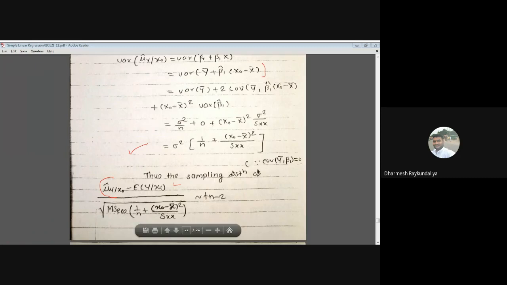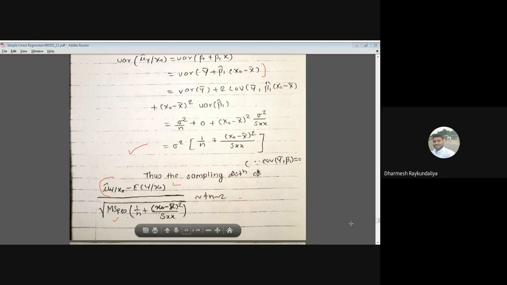So the estimated value minus true value divided by the corresponding standard error follows, under H naught, a t distribution with n minus 2 degrees of freedom. Why n minus 2? N minus 2 is the error degrees of freedom. Here, instead of sigma square we have substituted the MS due to residuals. If sigma square is known, then this distribution becomes z.